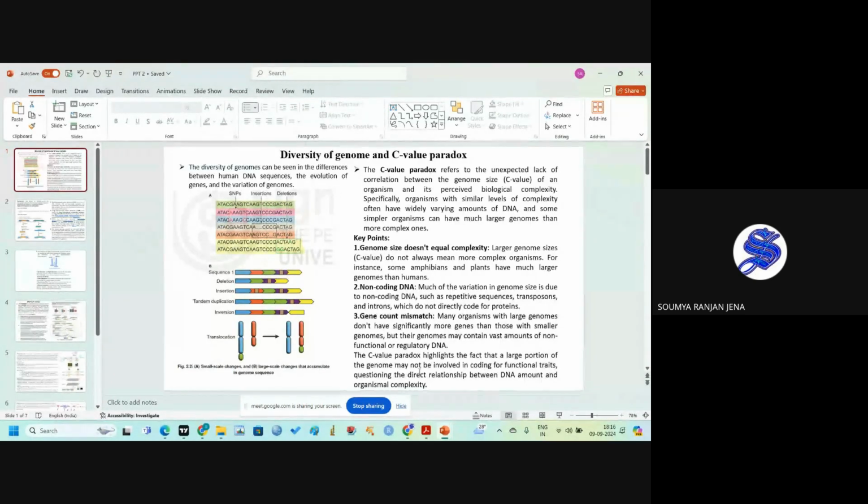So this genome may not be involved in coding or functional traits, questioning the direct relationship between DNA amount and organismal complexity. So this is the main reason for the complexity of our human genome, because only 2 to 4% are coding sequences. All the 96% are introns, transposons, or repetitive DNA sequences.